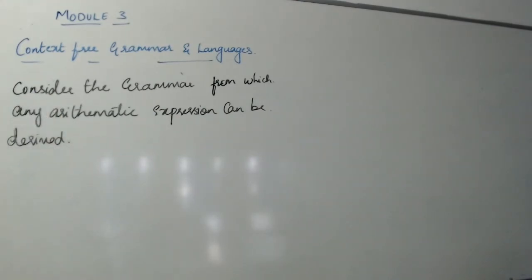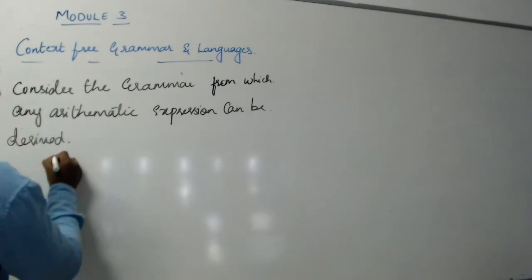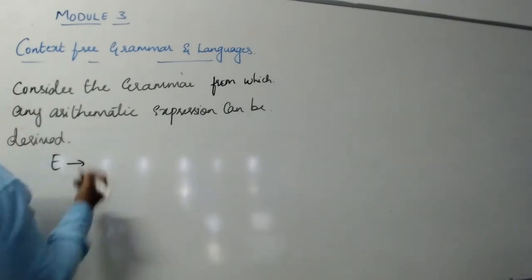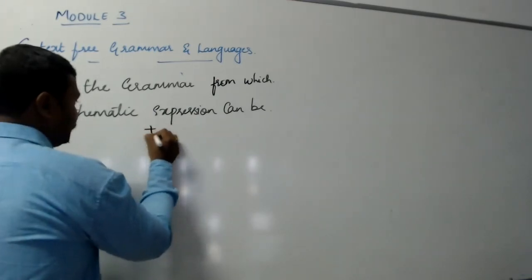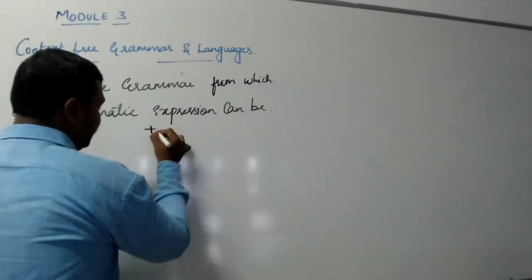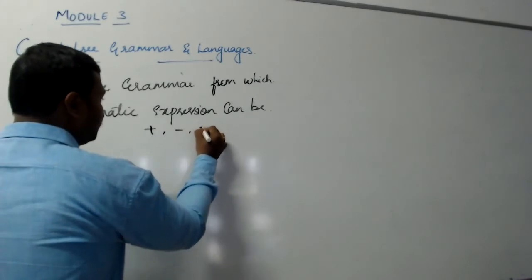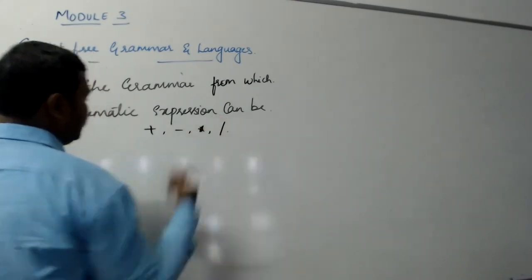In this problem, they have already given the grammar, but later in part of this we need to generate the grammar on our own. So to show the derivation part, they have already given a grammar. Let us consider a grammar for your arithmetic expression. The basic arithmetic expressions are plus, minus, star, multiplication and division.